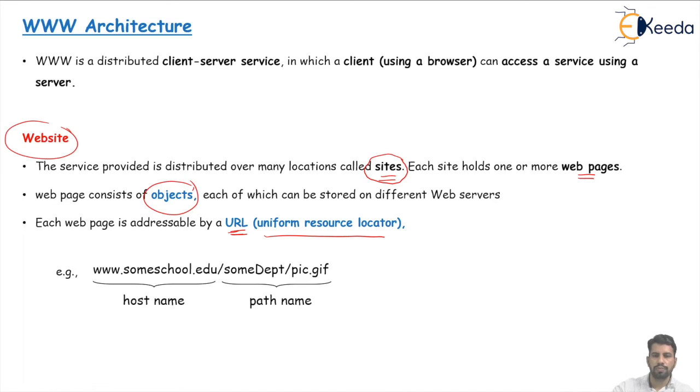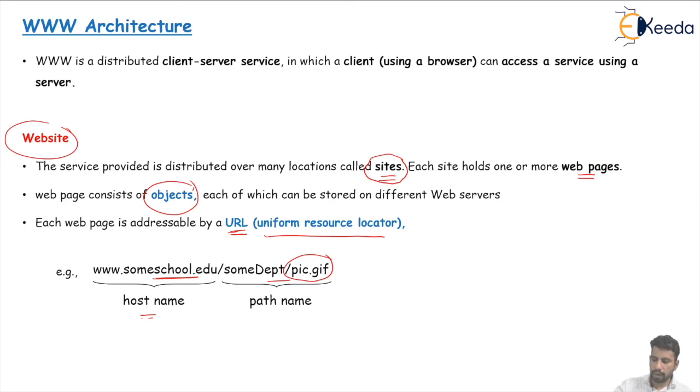This URL is the combination of two things. One is the host name, meaning which particular host you want to access. Like here, the example is www.someschool.edu, which means we want to access an educational system whose name is some school, and we want to access a particular picture on that school website.